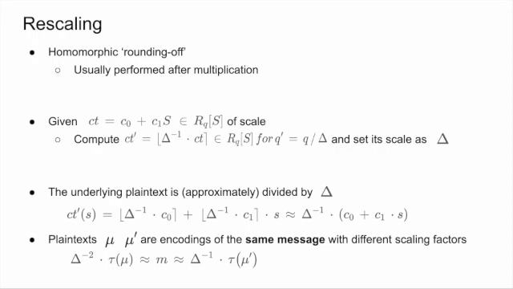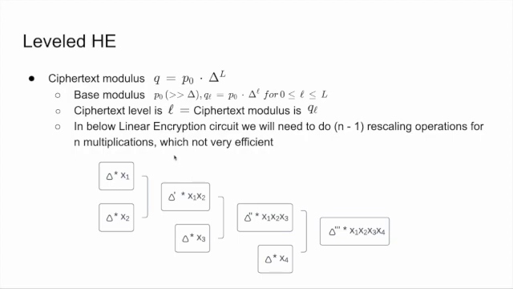So we would have to decrease the scale of the first message to delta. That's what we will need to do on the addition operations. In multiplication we can directly decrease it by delta after multiplication. In summation we would need to do it before. So that was rescaling, and we should take care at the time of rescaling.